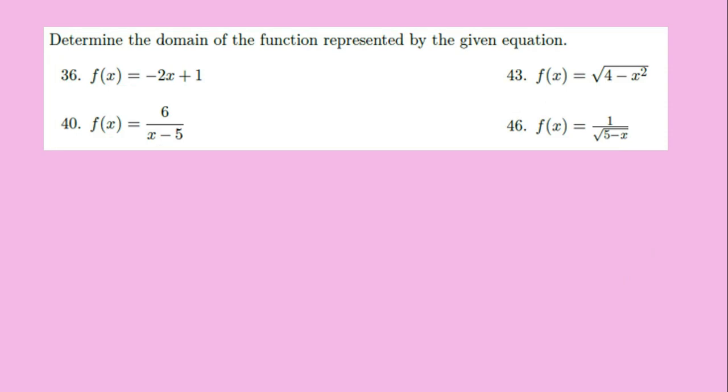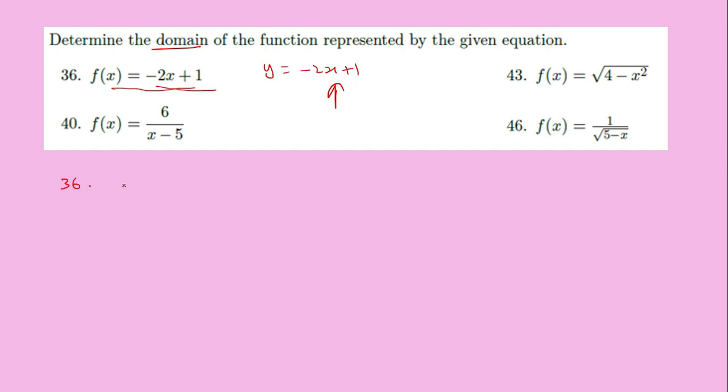Let us take some more examples. Some other examples are given here. F of x is equal to negative 2x plus 1. For this kind of linear equation, representing a straight line, y is equal to minus 2x plus 1, any value can be given for x to get an output in real numbers. So the question is, determine the domain of the function represented by the given equation.